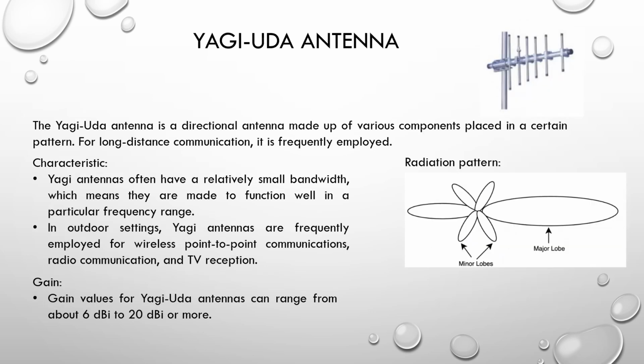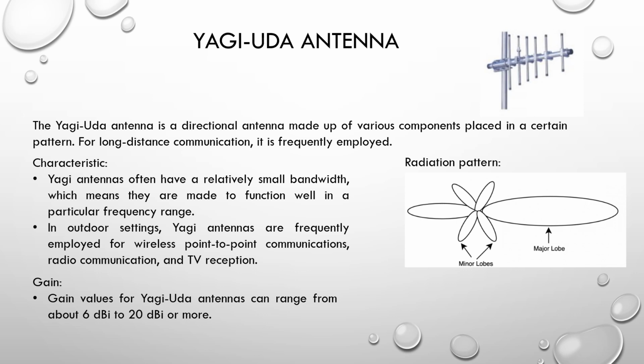The second antenna is the Yagi-Uda antenna. The Yagi-Uda antenna is usually used for long-distance communication. The Yagi-Uda antenna often has a relatively small bandwidth, which means it is made to function well in a particular frequency range.